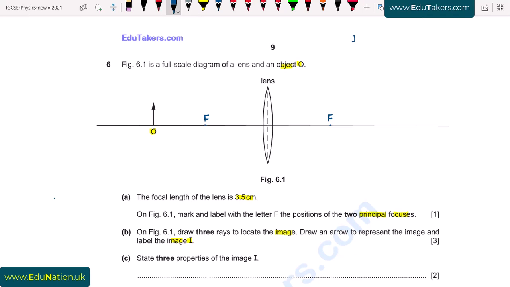First ray is that it passes through the focus point, and then it becomes parallel to the principal axis. Second ray passes through the center of this lens and goes straight.